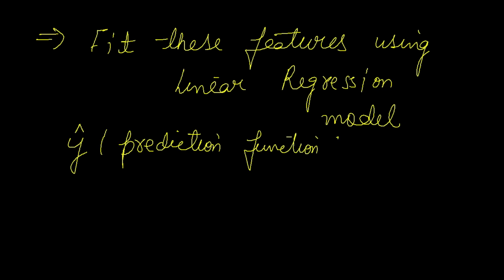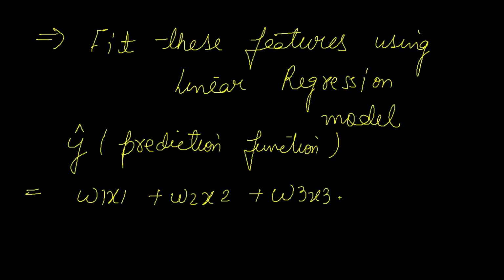Now I'm just writing this y hat in terms of generated features. So the first one will be w1 x1, w2 x2, w3 x3, and so on up to w9 x1 x3.